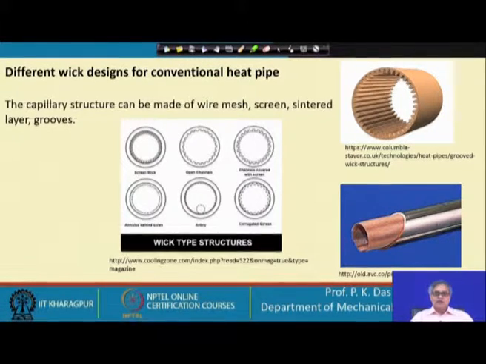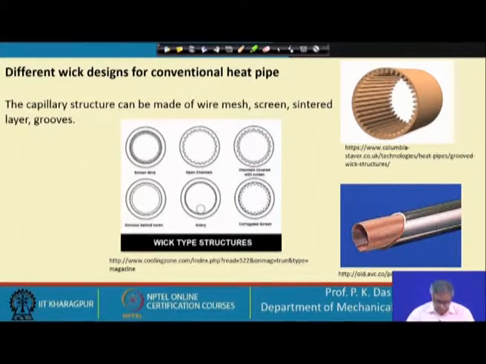There could be a circuitous or zigzag route, because the different pores are randomly connected. Here we can see this is the outer tube and this is the sintered layer. This is also another way of having the capillary structure. There are many other ways, but the principal ways of having the capillary structure have been described here.